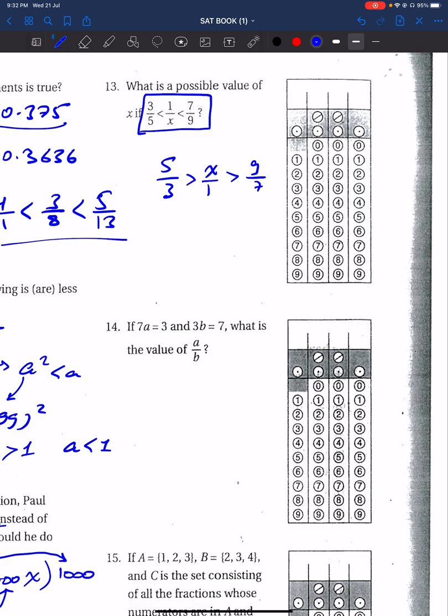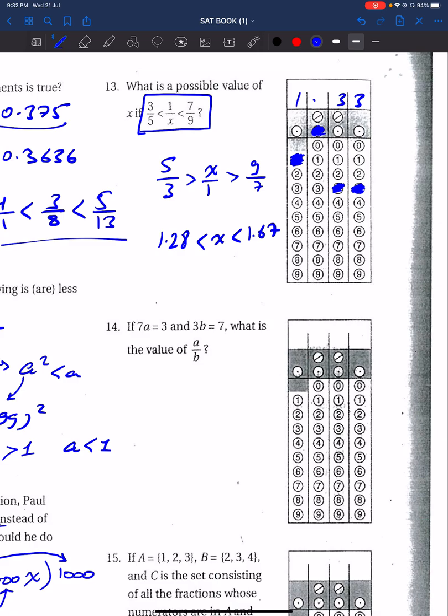And thus, x should be between 1.28 and 1.67. So any number in between those two would be correct. Let's take 1.33 as an example. So you'll shade point, it's over here, and 33 like this.